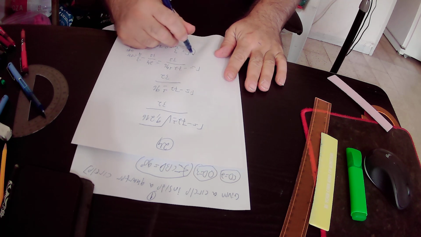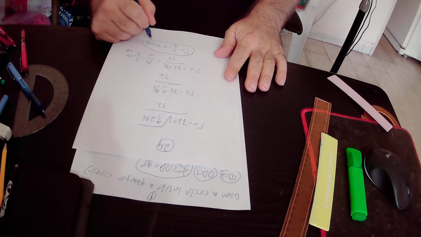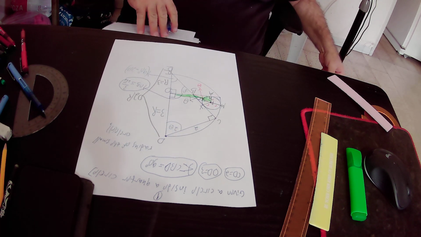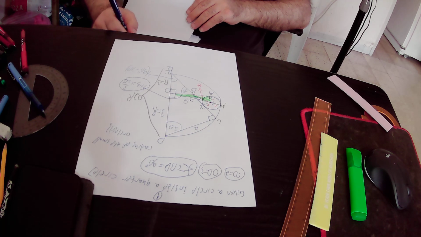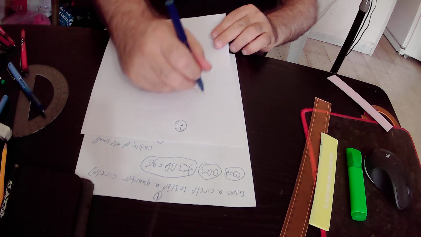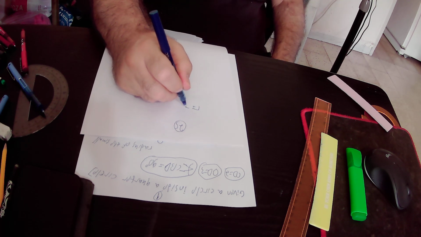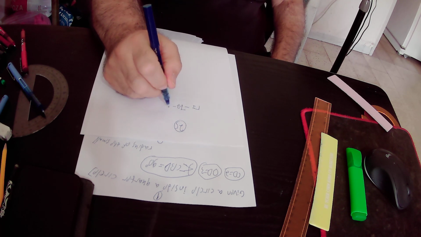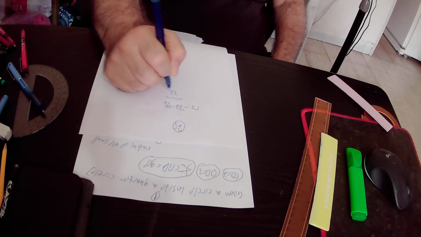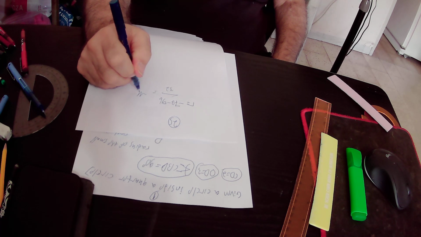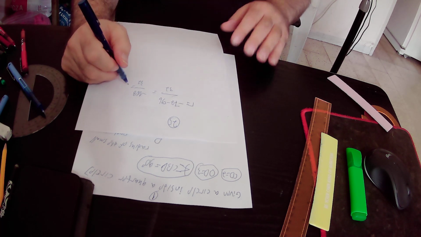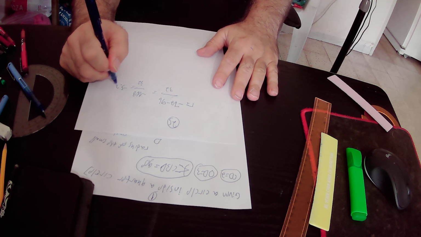That is the first solution to the question, but we have also the second solution. The second solution is that the radius of the small circle equals minus 72 minus 96 over 32, equals minus 168 over 32. It is equal to minus 5.25.